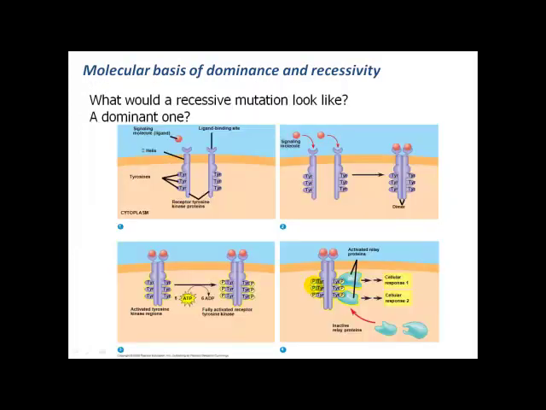All right, so let's think back to our cell signaling unit and try and apply this idea of recessive mutations versus dominant acting mutations. So let's say that we're looking at a receptor tyrosine kinase signaling pathway, which we talked about before.